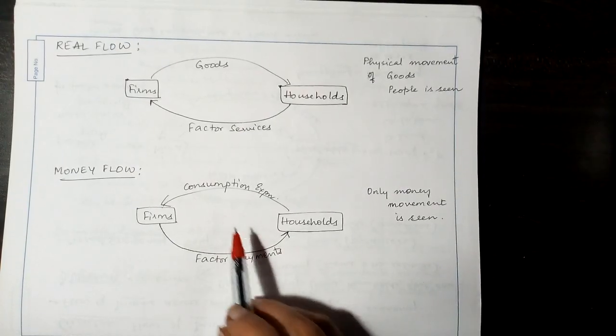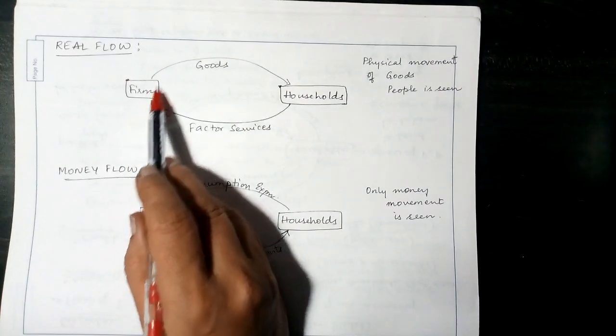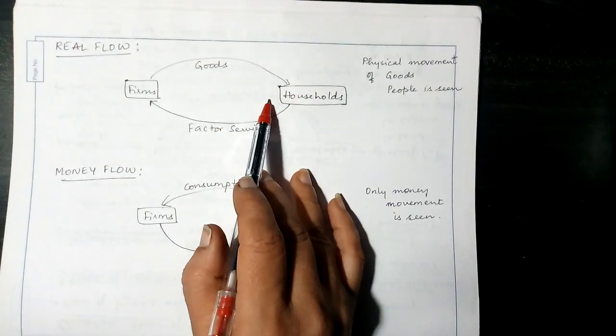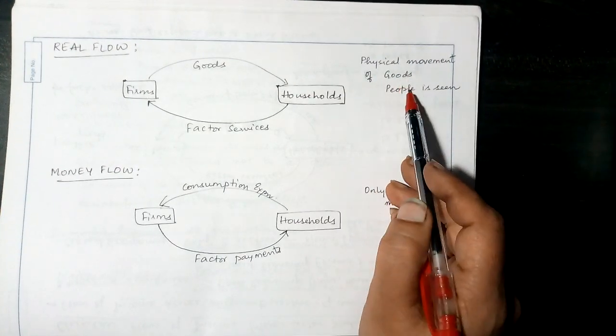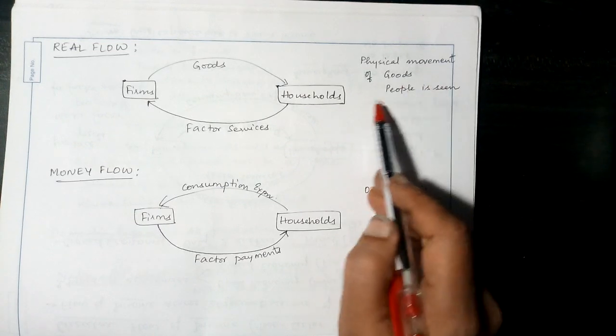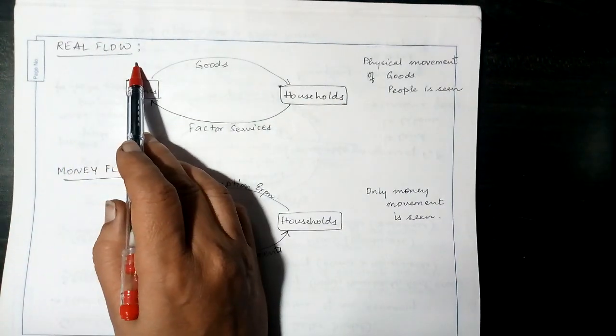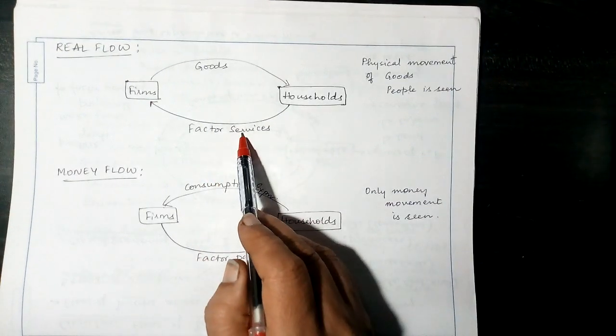Now we learned that the households provide factor services and firms are providing goods. So here we find that there is a physical movement of goods or people or the labor is seen. Hence this is called a real flow, because here the flow of goods and the factor services is tangible.